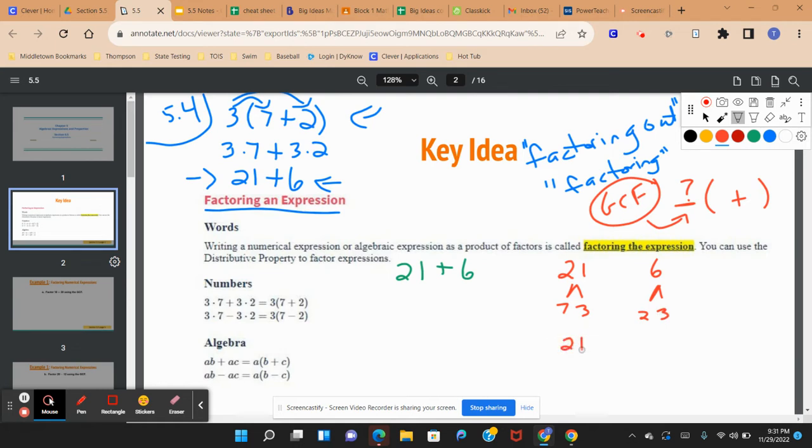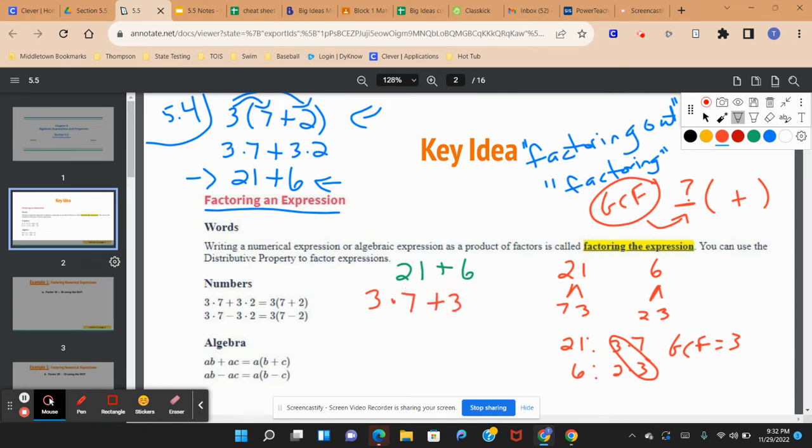We're going to write down 21 is 3 times 7, and 6 is 2 times 3. To find the GCF, you find what's common. So the GCF is 3. That's what we're going to be factoring out. So the 3 is here. 3 times what gives you 21, which is 7.